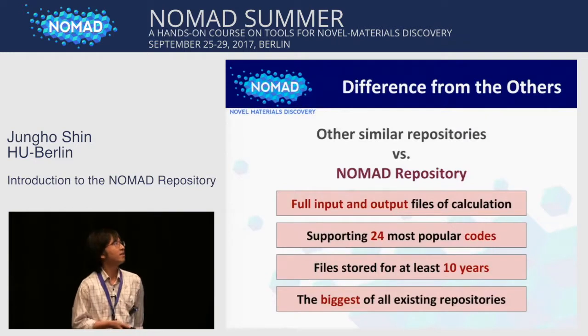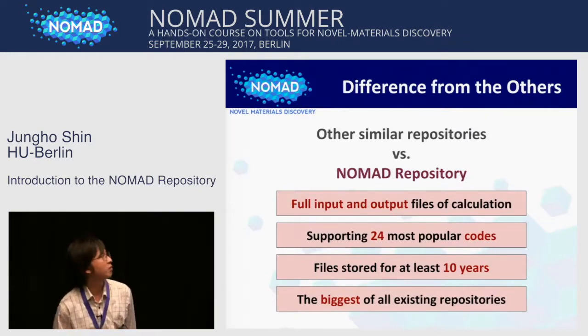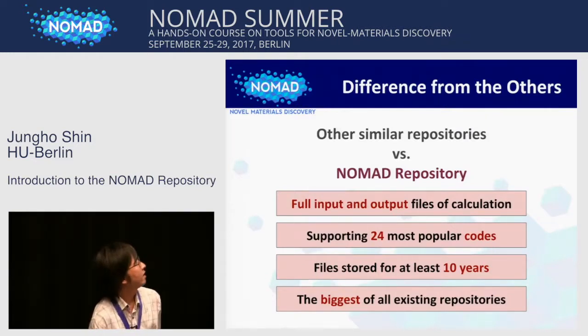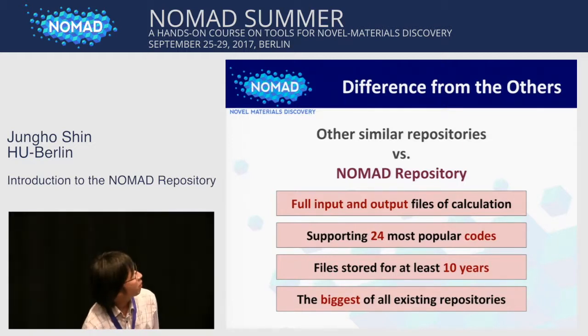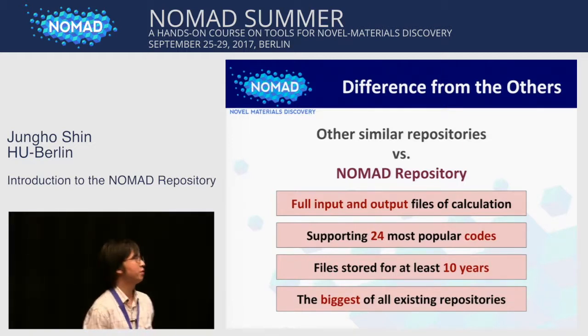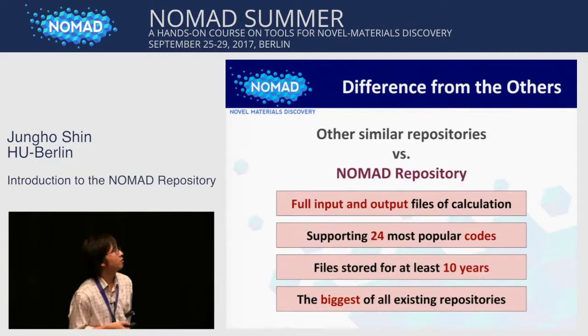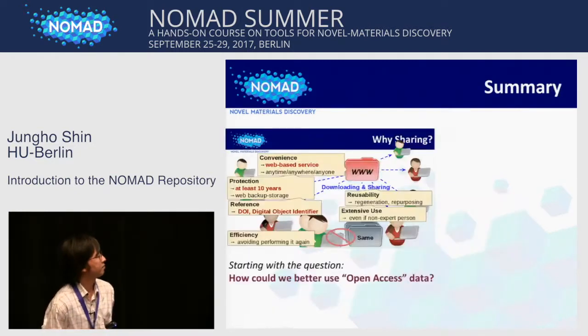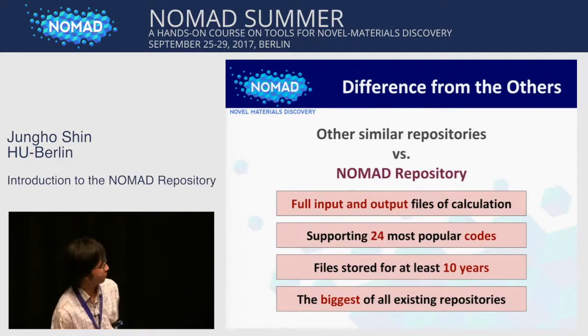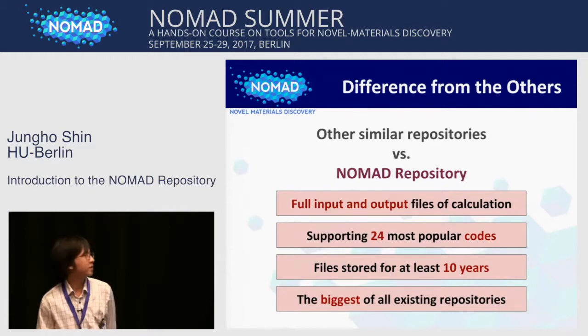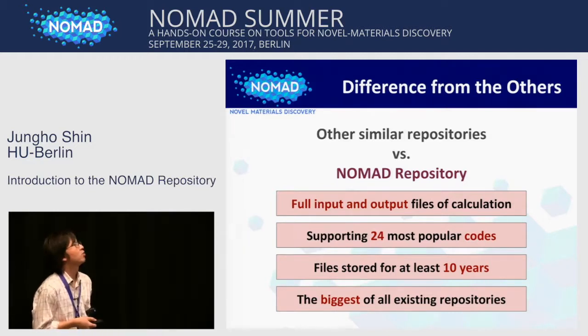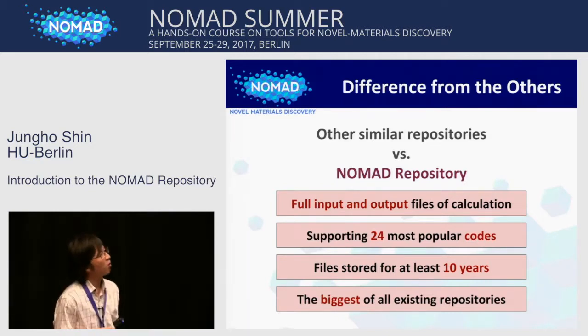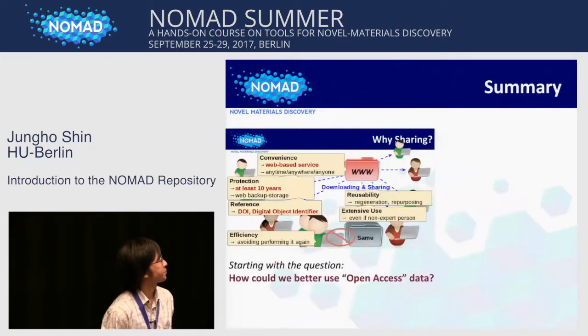And there are other reasons why you should use our NOMAD repository. Here, we provide full input and output files of calculations, and we support 24 of the most popular codes. We guarantee at least 10 years for storing your files. And NOMAD repository is the biggest of all existing repositories.